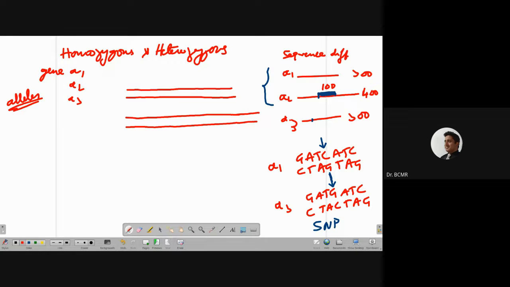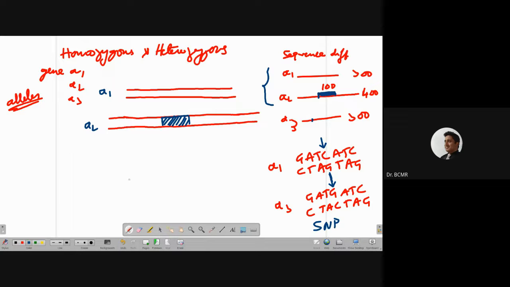I'm only going to give you as many details as required, so that you will be able to solve it as if it is a puzzle. It's not very complicated, of course. But if there are problems, we will then try to describe it properly. So this is the 100 base pair insertion in A2. So we have A1 and A2.